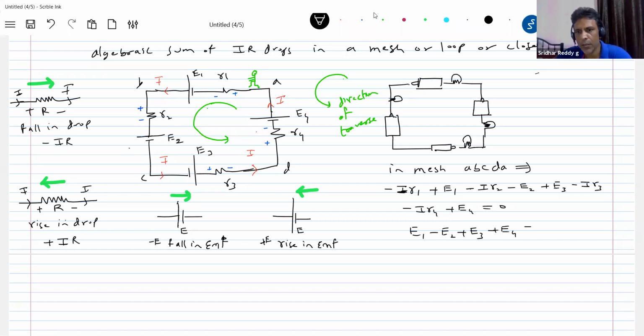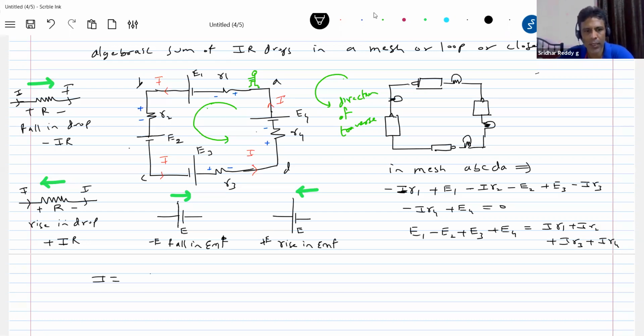plus E4 should be equal to IR1 plus IR2 plus IR3 plus IR4. Look at this. I think the statement is correct: the algebraic sum of EMFs should be equal to the algebraic sum of IR drops in a closed path. That's what this equation says. So what is the expression for I now?